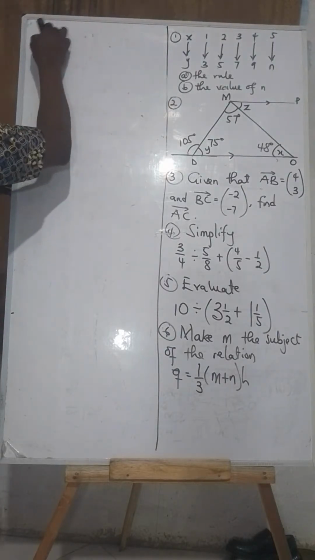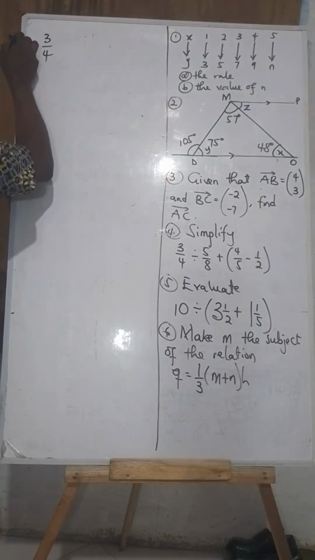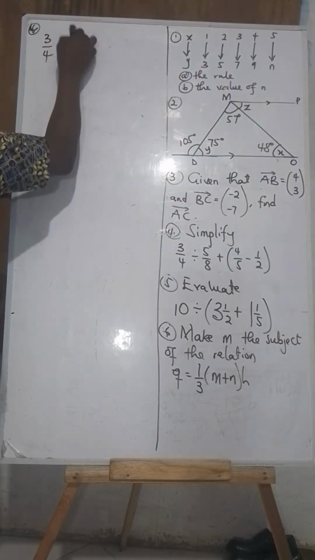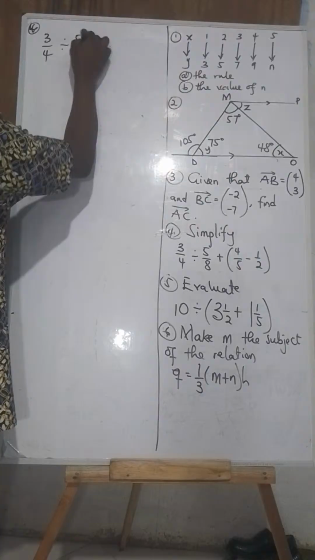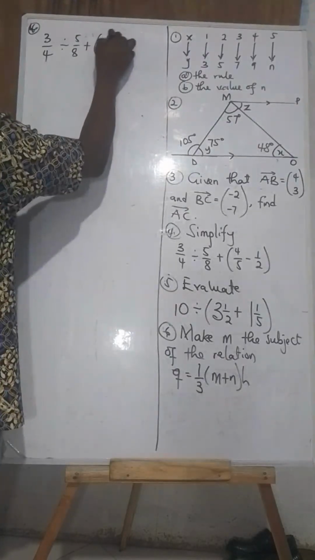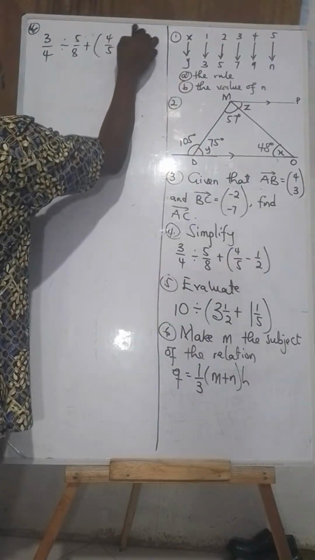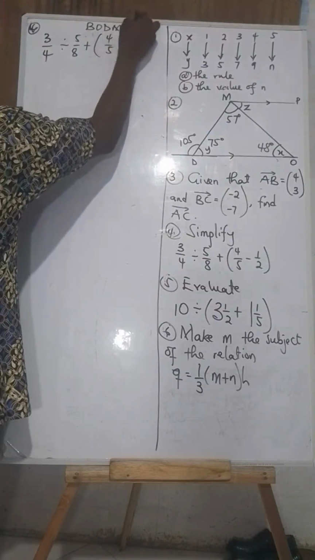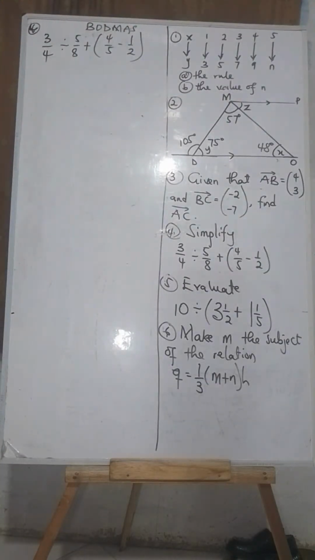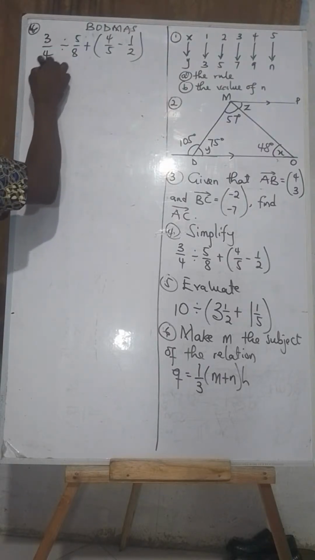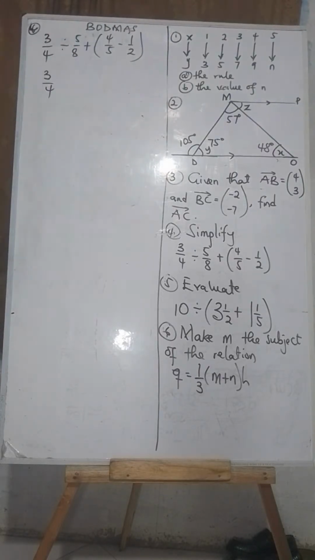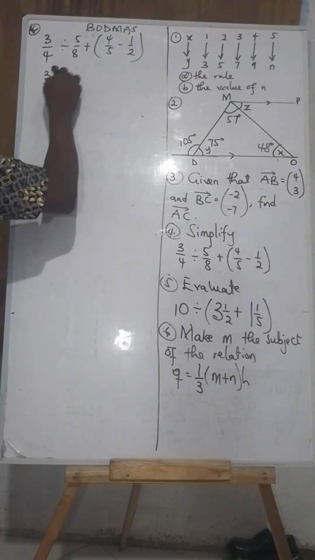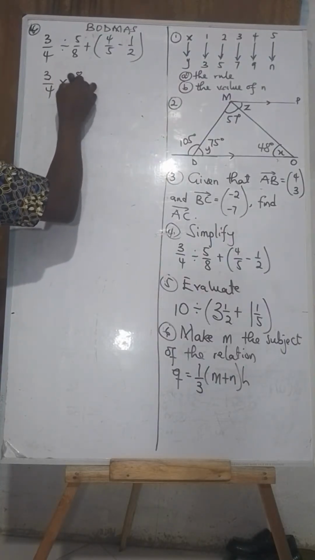We have 3 on 4 divided by 5 on 8 plus we have 4 on 5 minus 1 on 2. So obviously we're using BODMAS to solve this, right? So with this, you have 3 on 4. You change the division to multiplication, then you have to interchange the numerator and the denominator. So you have times 8 on 5.